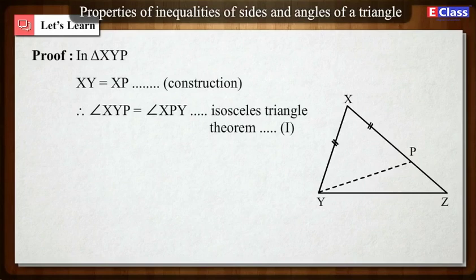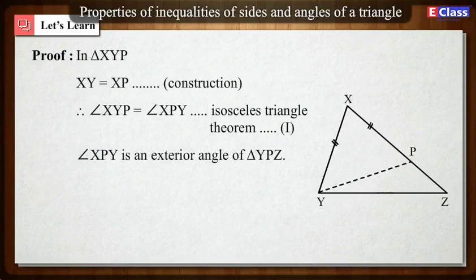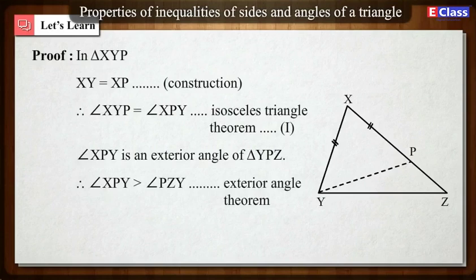Angle XPY is an exterior angle of triangle YPZ. Therefore, angle XPY is greater than angle PZY by exterior angle theorem. Therefore, angle XYP is greater than angle PZY from statement 1.